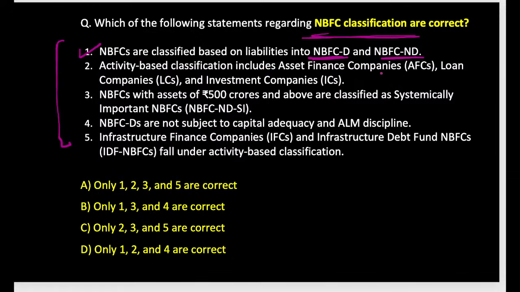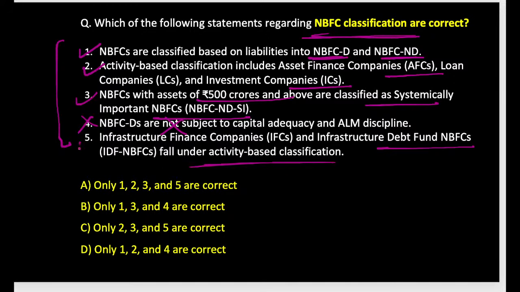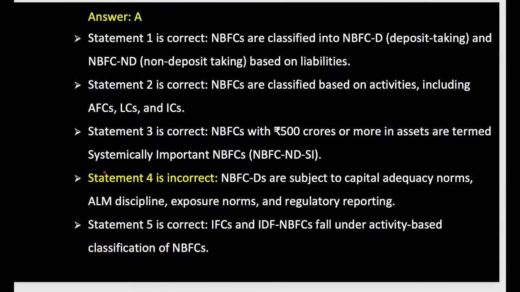Activity based classification includes asset finance companies, loan companies, investment companies. True. NBFCs with assets more than 500 crore are categorized as systemically important NBFCs. True. Deposit taking NBFCs are not subject to capital adequacy. They are subject to capital adequacy. Infrastructure finance companies, infrastructure debt fund NBFCs are classifications by activity. This is also true. So 1, 2, 3, 5 means option A will be the right answer for this particular one.